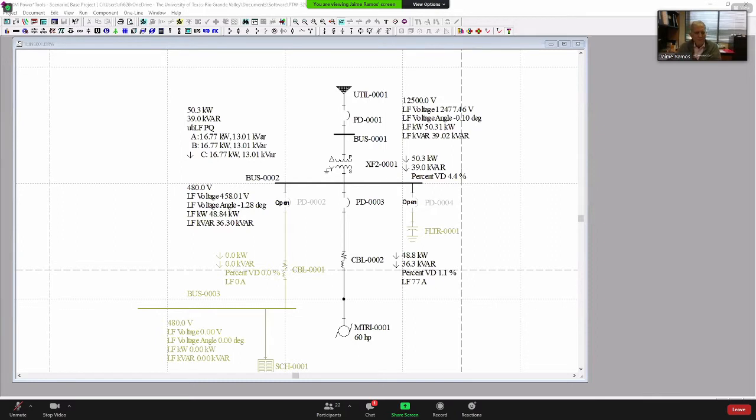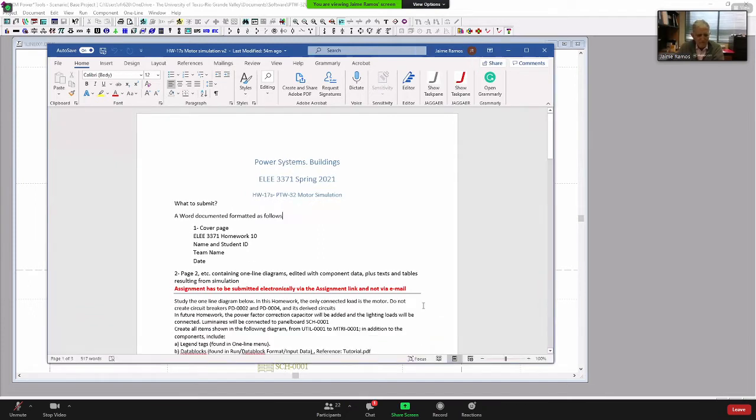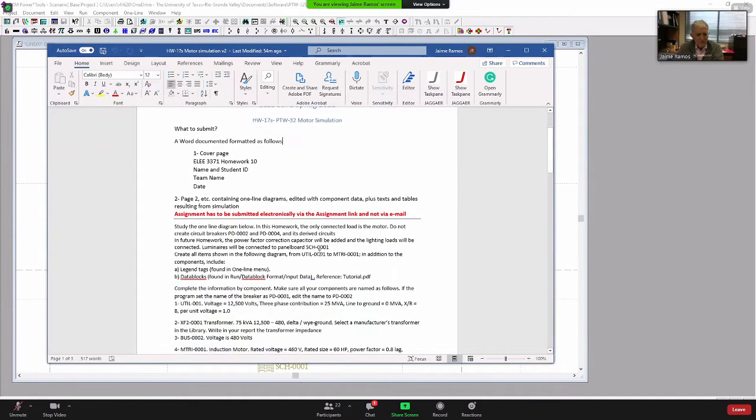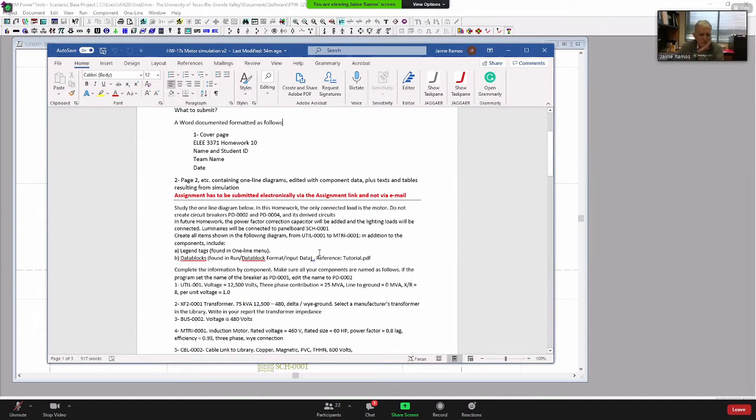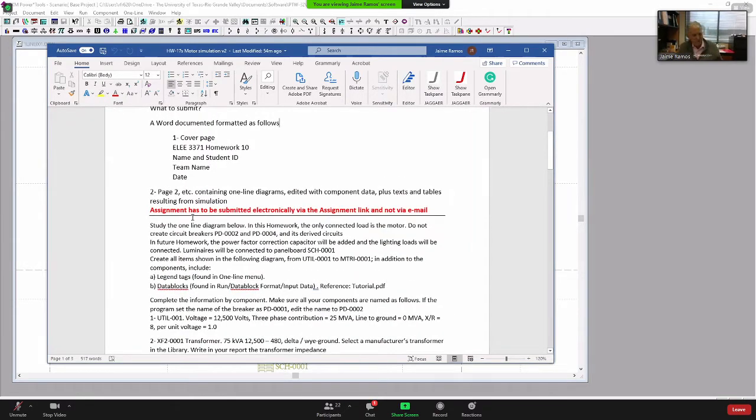Okay, so here I have, drag into your view the homework template. So let's do this homework, okay? So it says in the one line diagram, I think I have this here. So I'll put this on the other camera.